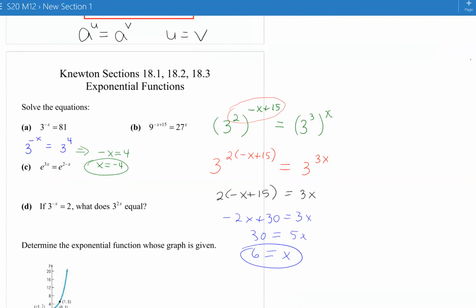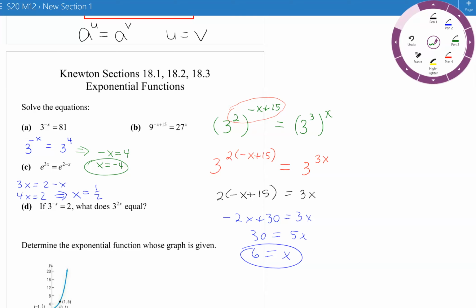Okay, then C is pretty easy because the base is both e, so we know that 3x equals 2 minus x, or 4x equals 2, which I know then means x equals 1/2. Okay, then D is kind of a think about it question.